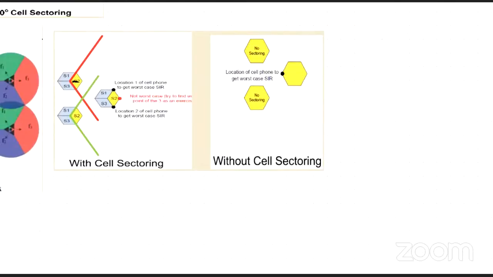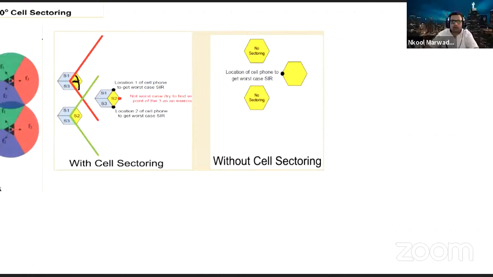Okay, so red will go there, and green will go there. This is the coverage area of the red line, and this is the coverage area of the green line.